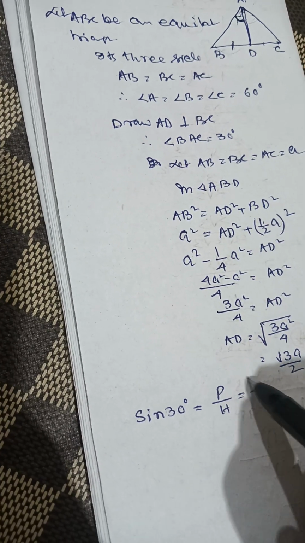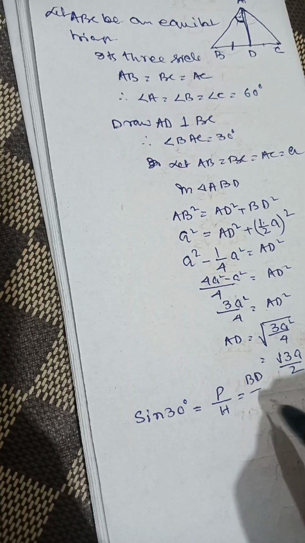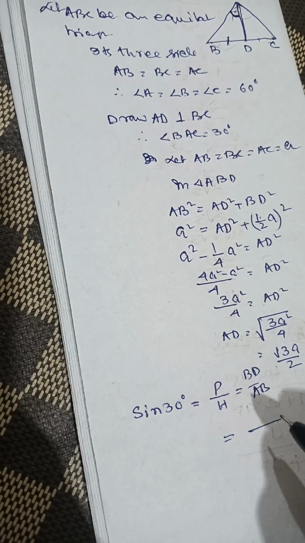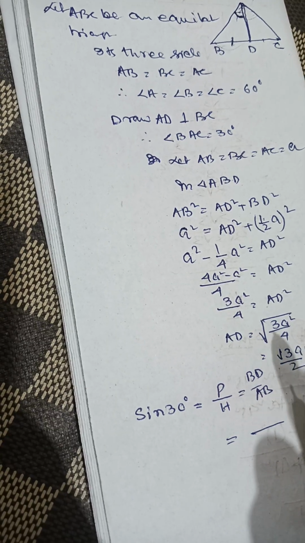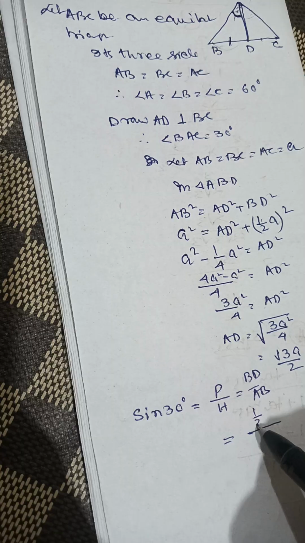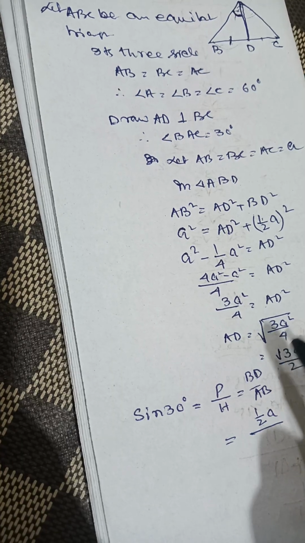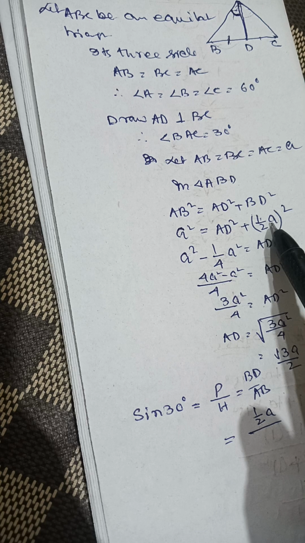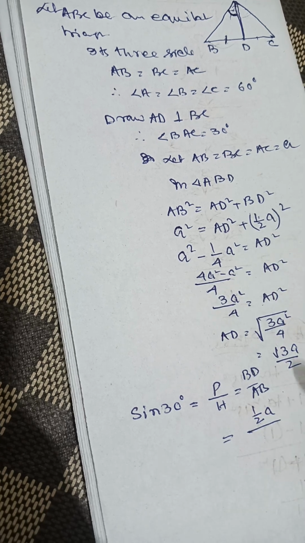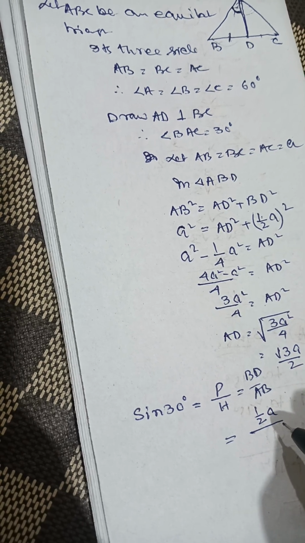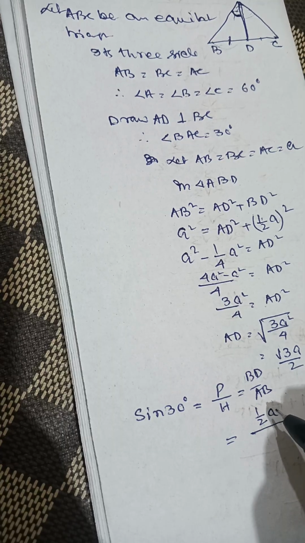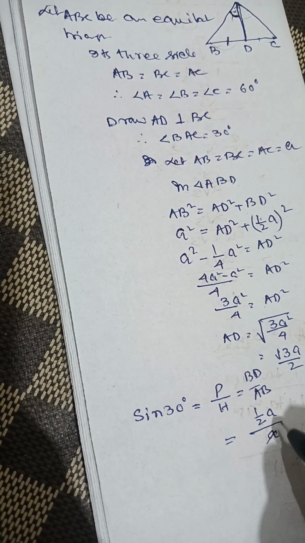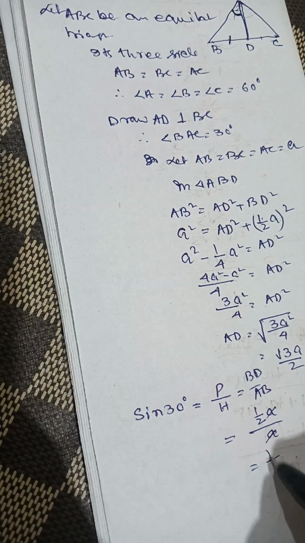So you can write BD by AB. Hypotenuse is AB. Now you put the value of BD. BD is half of A, and I have told why BD is half of A. So half of A by AB is A. Okay, so you see A cancel. So sine 30 becomes half.